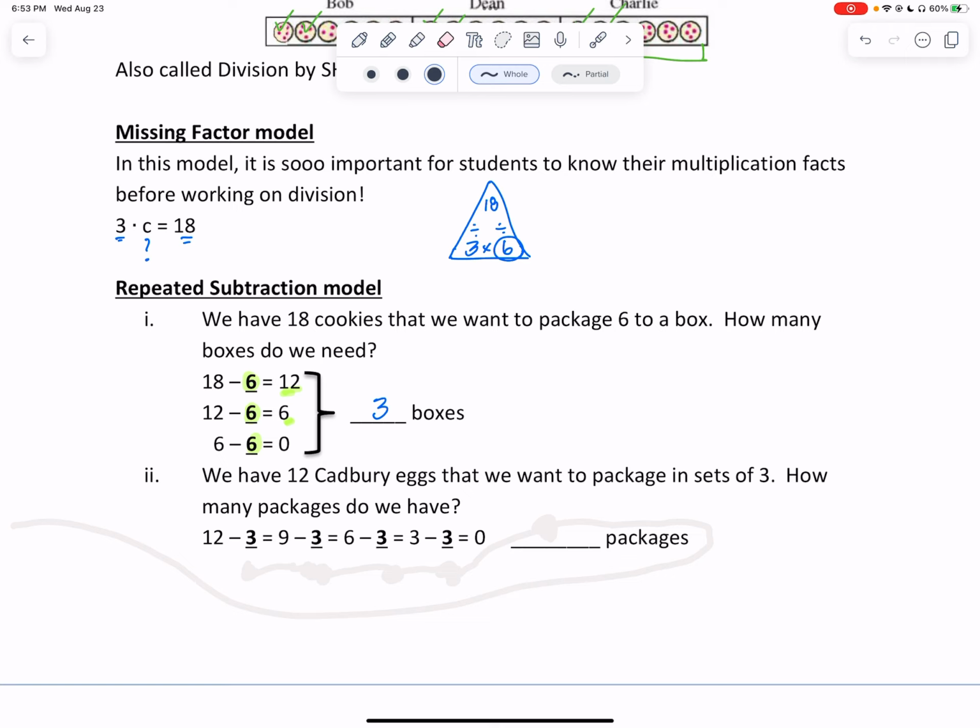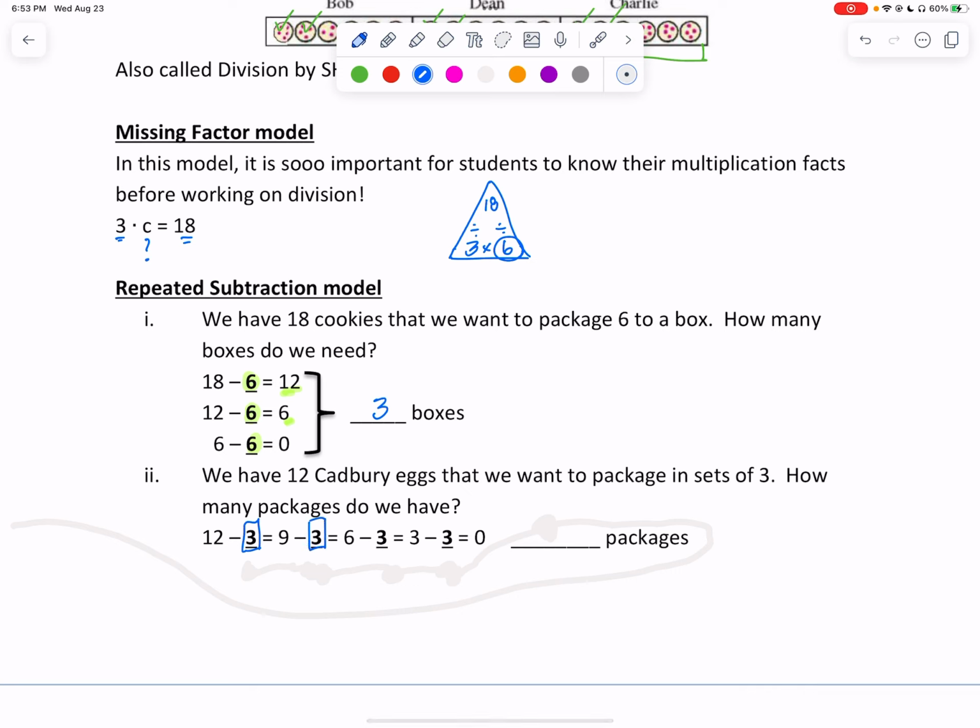Near Easter, we got 12 Cadbury eggs, and we're going to get them in sets of 3. That's how you buy Cadbury eggs, unless you're getting them at Sam's or Costco's. Anyway, so how many packages do we have? So you had your 12, you took 3 out, that's one package. Then you took another, so you had 9.